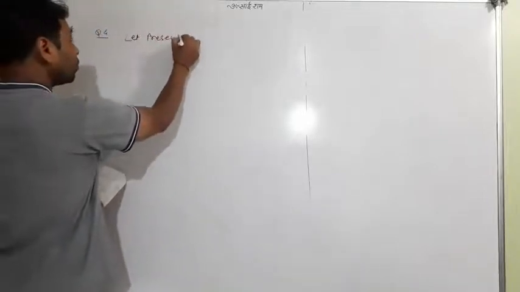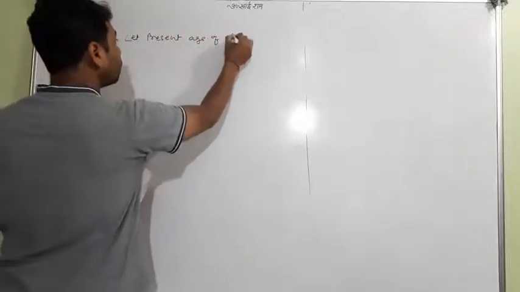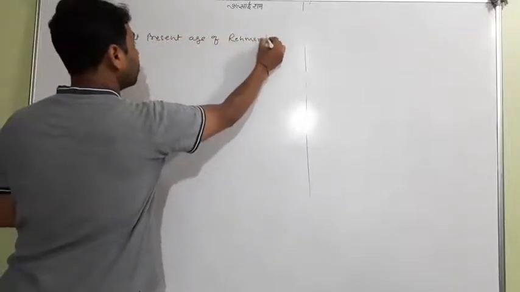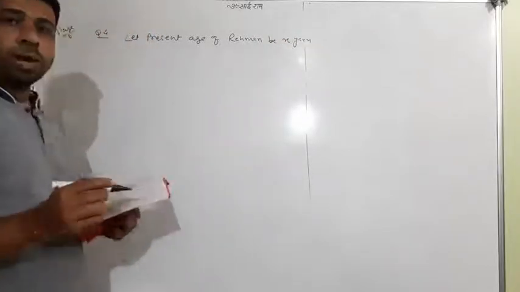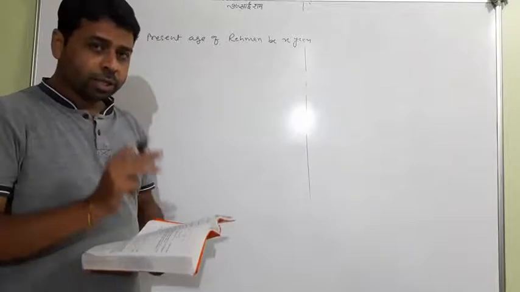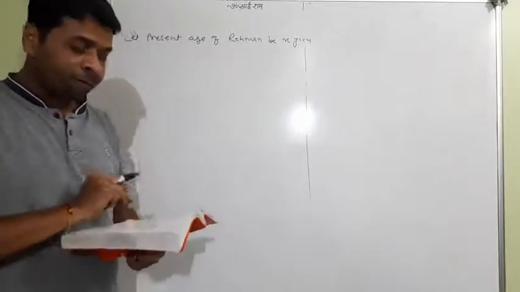Let the present age of Rahman be x years, and two conditions are discussed: 3 years ago and 5 years from now.